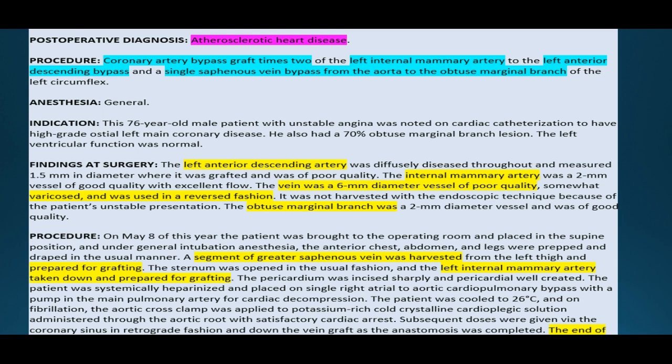Then it's talking about the vein was a 6 millimeter diameter vessel of poor quality, somewhat varicose, and was used in reverse fashion. So earlier I gave you details about varicose veins, in that the valves are not opening and closing properly, which allows backflow, because the blood is only supposed to flow in one direction and one direction only.